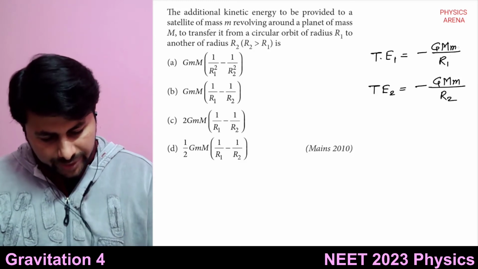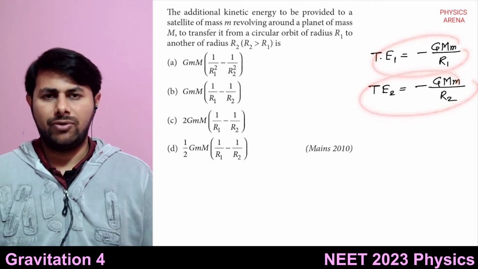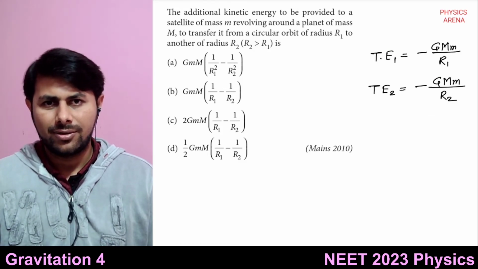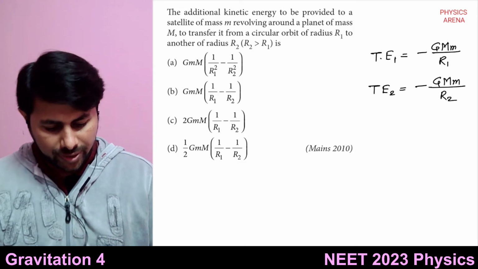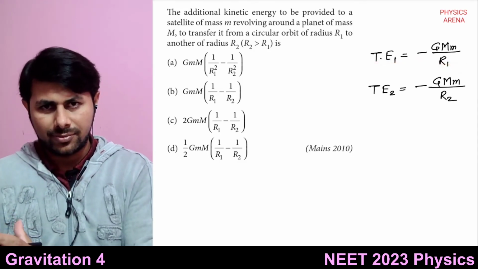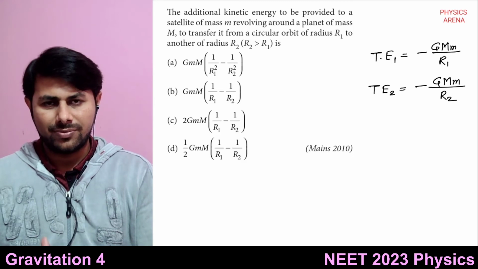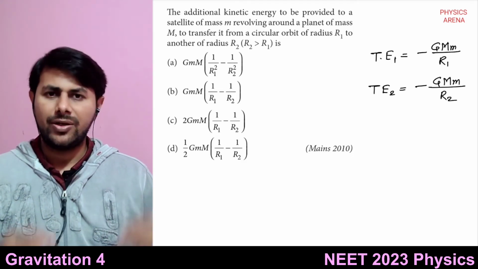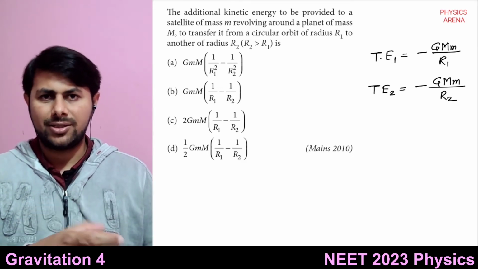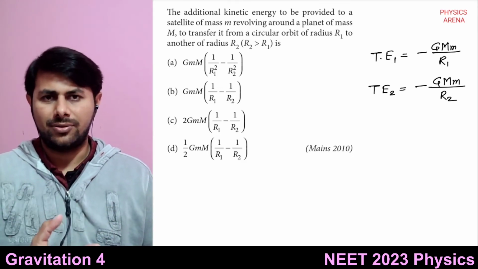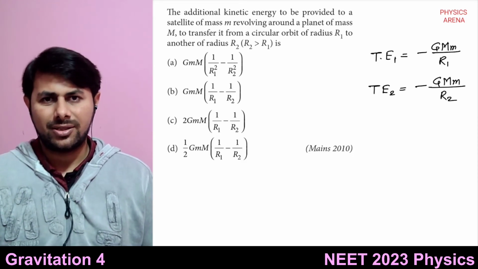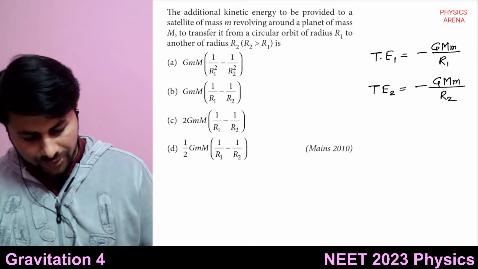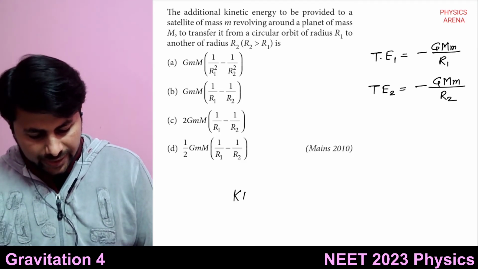Now the difference between these two total energies will be equal to the extra kinetic energy that has to be provided. It has some total energy when it is revolving at radius r1, and some total energy when it revolves at radius r2. So the difference between these two energies is the extra kinetic energy that you have to give. How much is it?